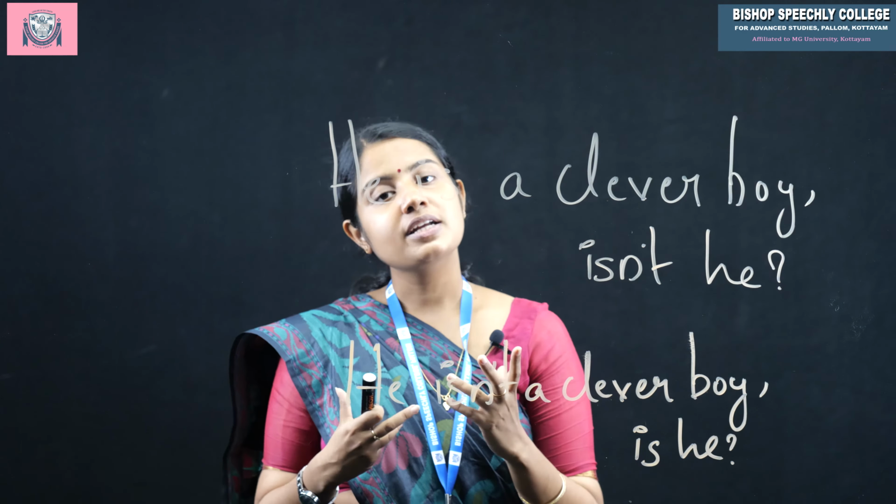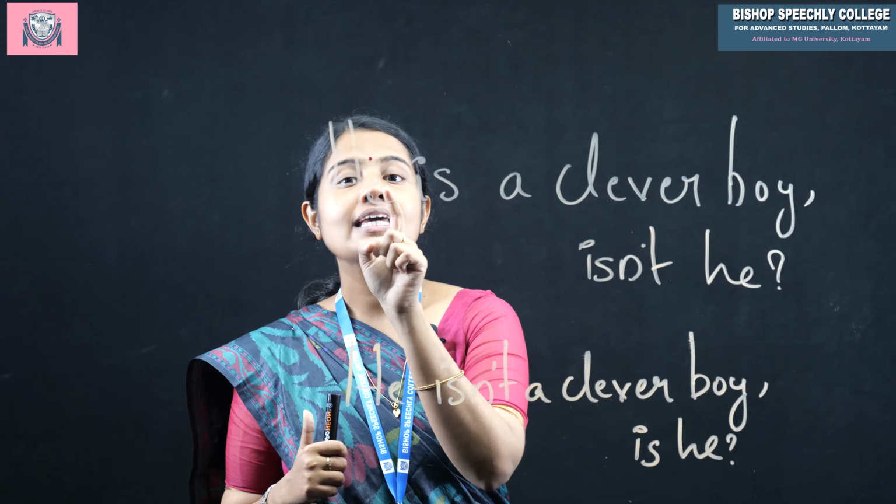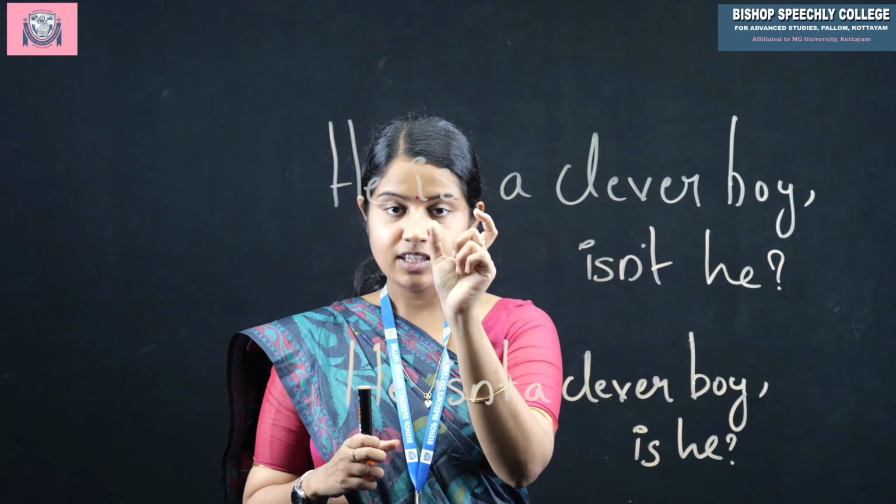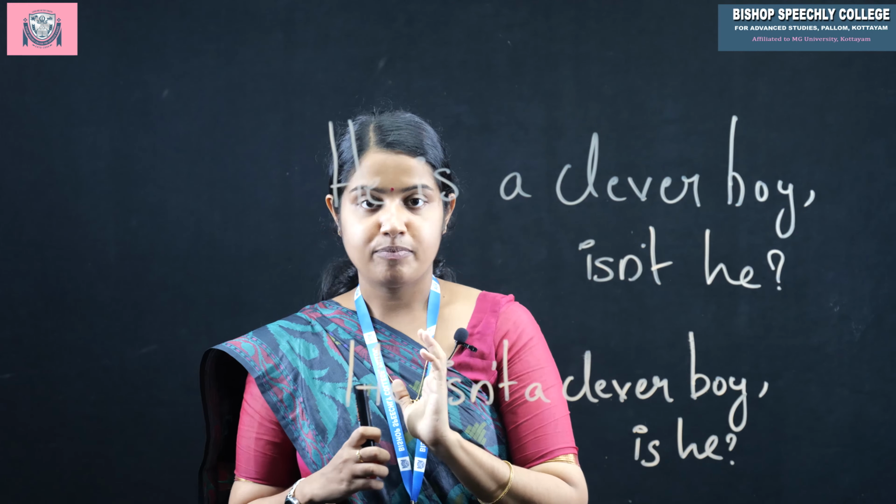So in this case, is is our auxiliary verb. Is, am, are, has, have, do, does, all these are auxiliary verbs. Okay, so in this case, our auxiliary verb is is. So first we need to select the auxiliary verb, and then we need to find out the subject of our statement. So here the subject of the statement is he. Okay, so first select the auxiliary verb and then the subject.